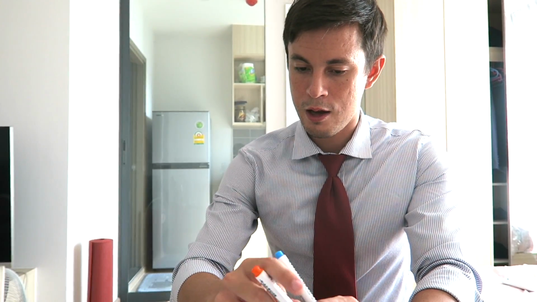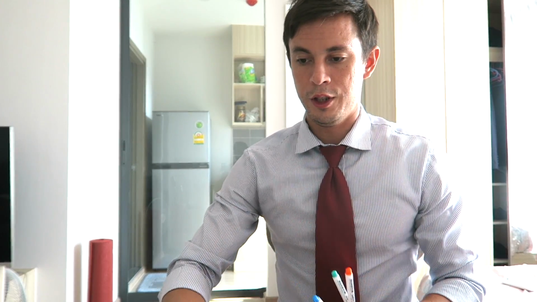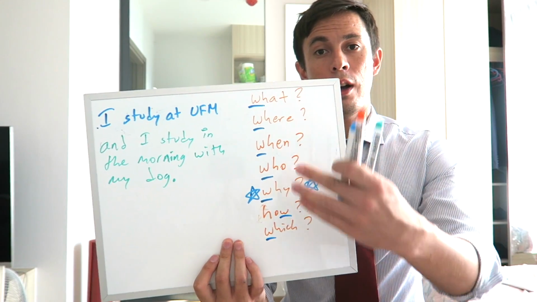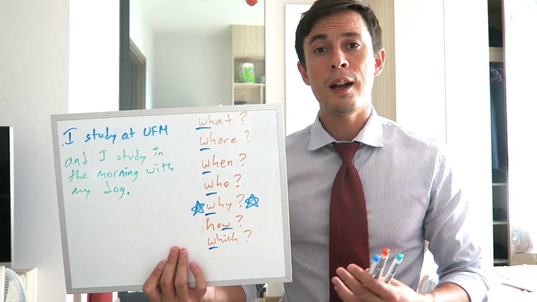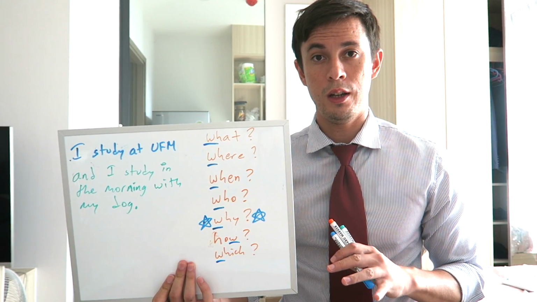Alright, so probably the last few questions we could add that are a little bit less of importance would be how and which, and these are kind of situational. Now I will emphasize that you do not need to answer each of these questions in all of your answers, okay?